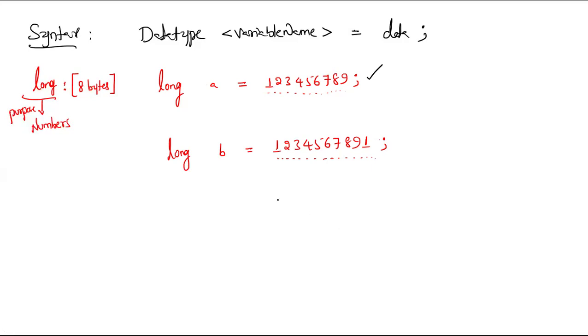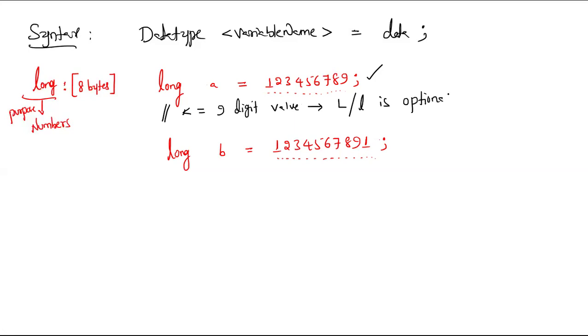The error is, when a programmer is trying to store a less than or equal to 9-digit value, that means in the data, if you are using up to 9 digits, then using capital L or small l is optional.